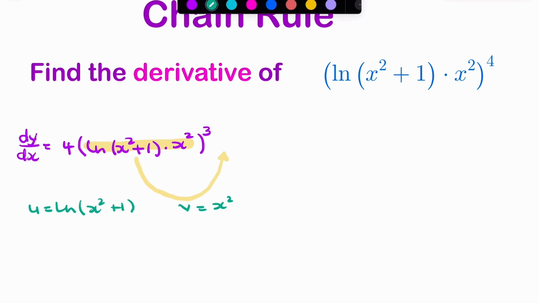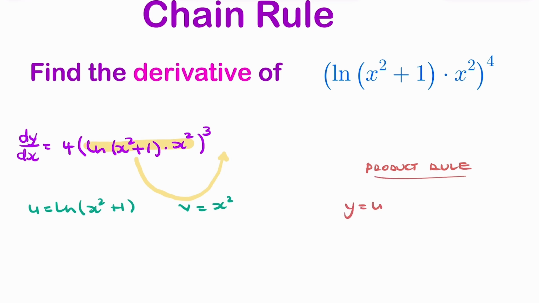Remember the product rule? Let me write it out for you. Product rule says if y is the product of u times v, then dy by dx is u dash v plus u v dash.